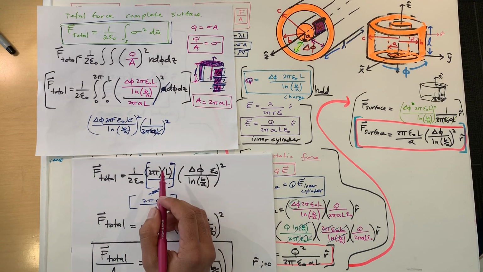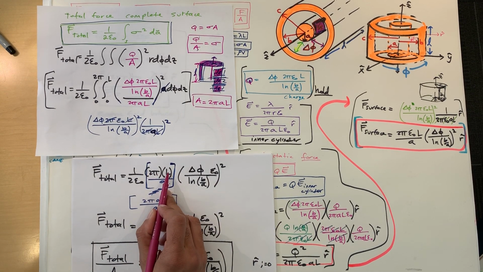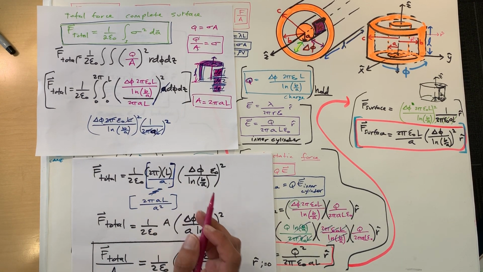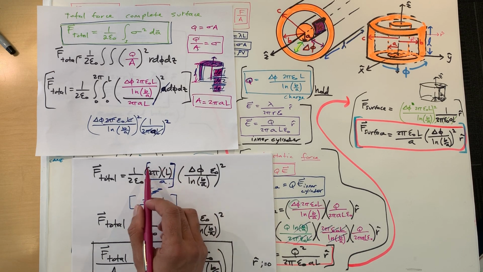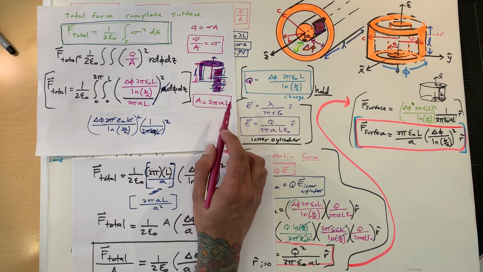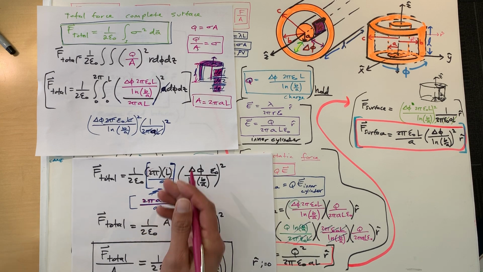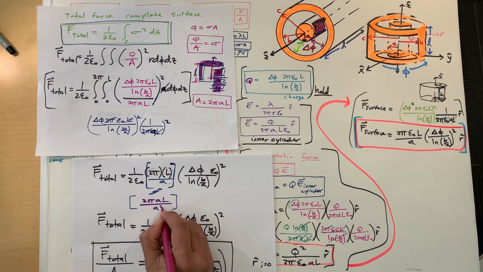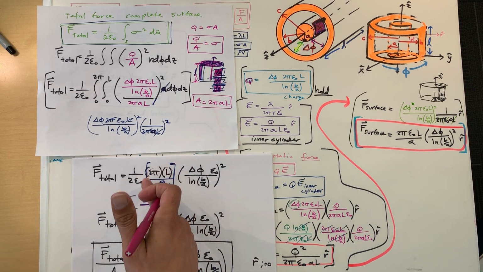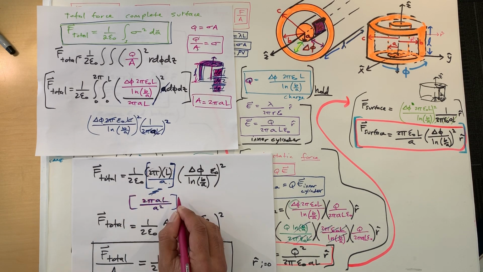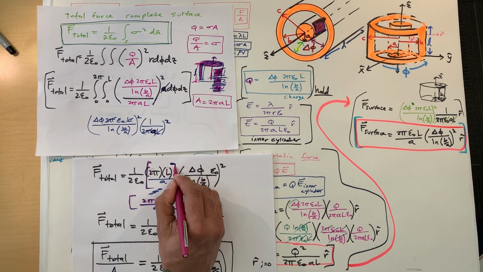Now right here, we do a little magic. I see that I have 2 pi L, and there's an A on the bottom. I want this to look like A, so I want 2 pi A L. All I'm missing is an A on top. That means that I'm just going to have to add an A on the bottom. If it cancels out, then it goes back to this. So this representation is the same thing as this.